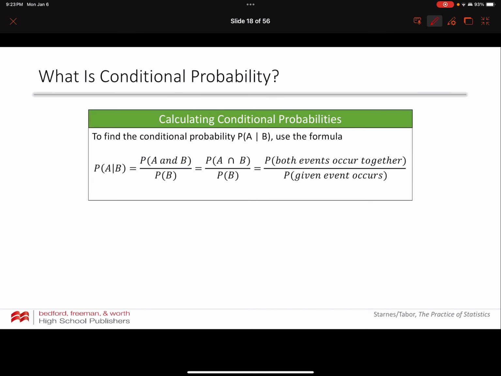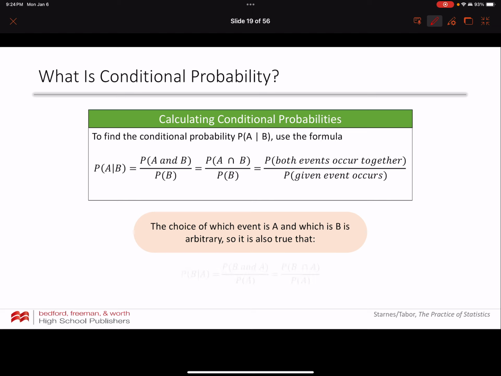Okay, so let's look at this formula. The probability of A given B is always going to be the probability of A and B divided by the probability of the given. So in this case, the given is B, right? So I'm dividing by the probability of the given. I could ask you to find the probability of A given B, but I could also ask you to find the probability of B given A, right?